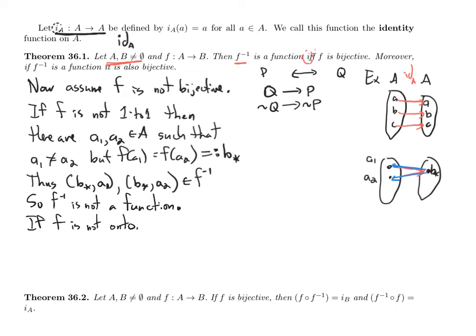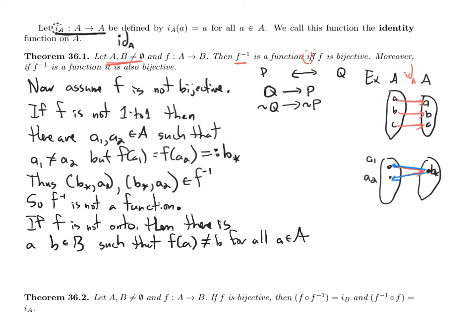It means there is an element b in B such that f of a doesn't equal b for all elements a in A. So what does that mean? Here's our b down here.